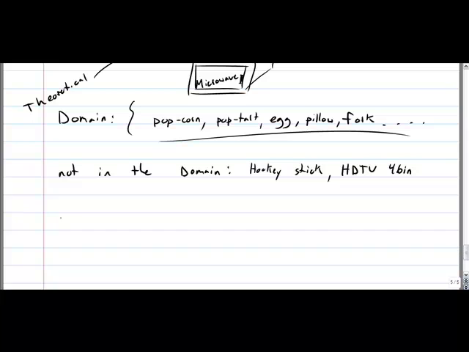Now, let's talk about range, right? These are things that are coming out of the microwave. So in your head, think of a few things that come out of the microwave, like hot water. I don't know, pasta. Warm pasta.